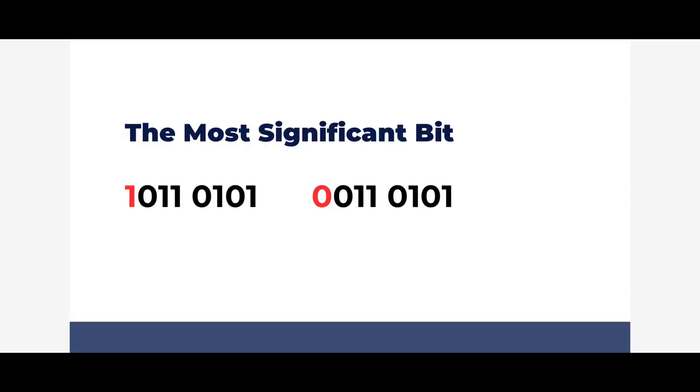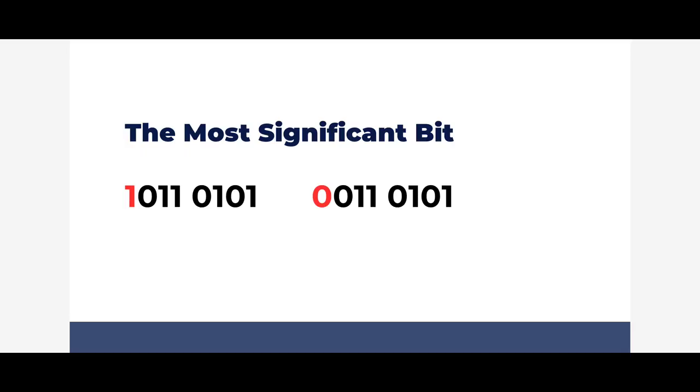But how do we know whether a given binary representation of an integer is positive or negative? In this case, I have given two binary representations of the same integer. They differ only in their sign. In the first case, the first digit is 1, and in the second case the first digit is 0.